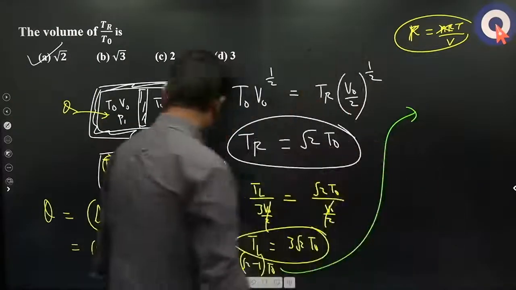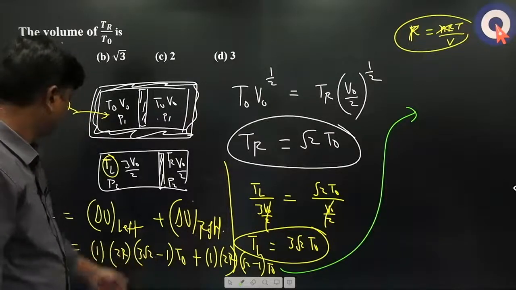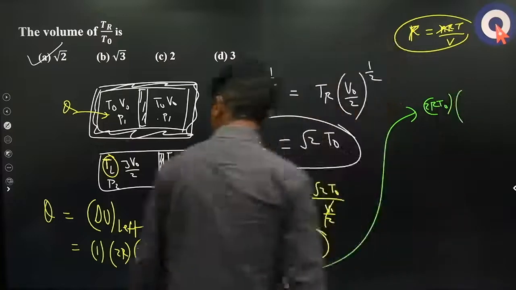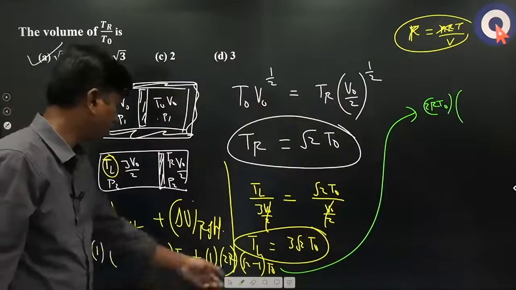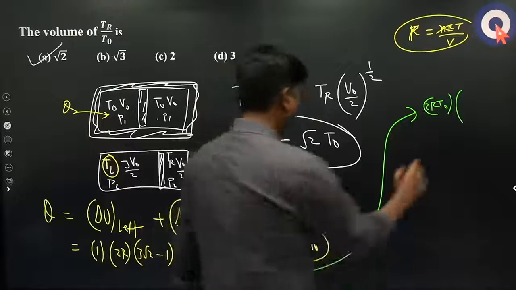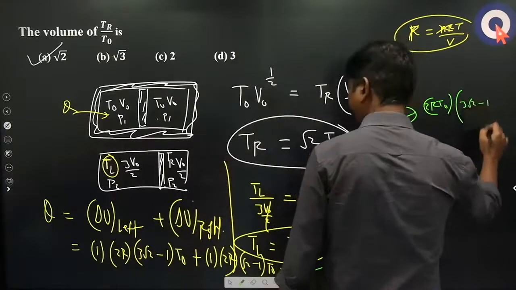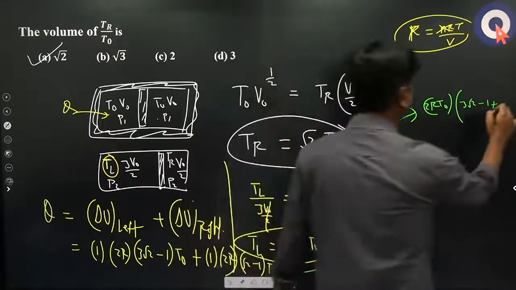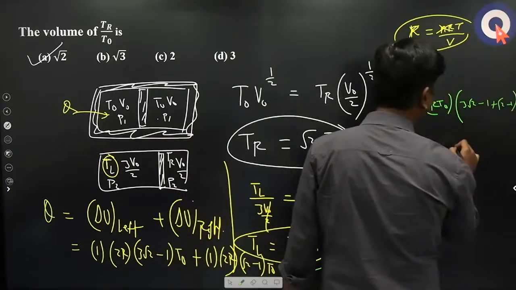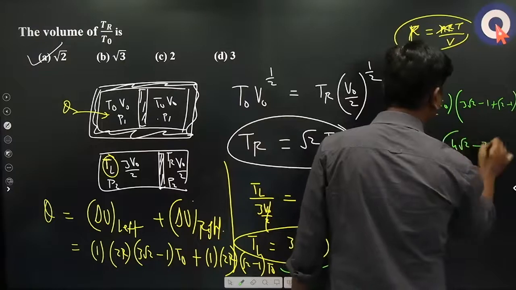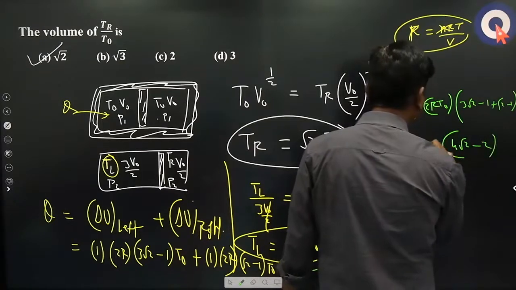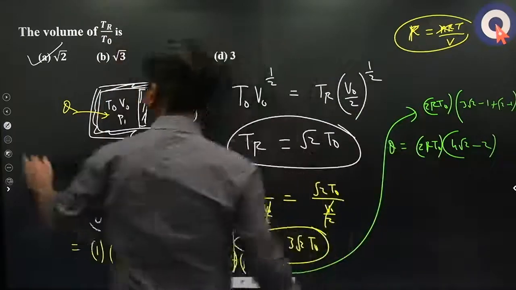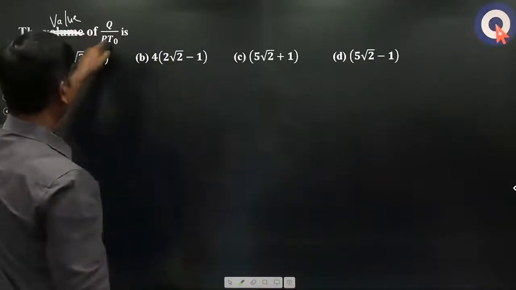So totally it becomes, solve: 2R T naught you take common. So 3 root 2 minus 1, plus root 2 minus 1. That gives you 4 root 2 minus 2, into 2R T naught, which is the answer for total Q. The question is asking Q by R T naught.